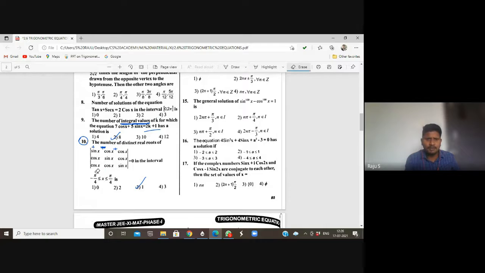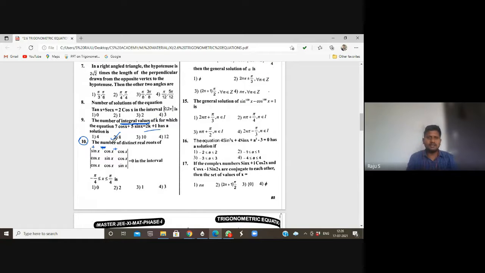Very, very simple. I told you that in a determinant, if any two rows or any two columns have the same elements, the determinant is 0. See here, minus pi by 4 to plus pi by 4.